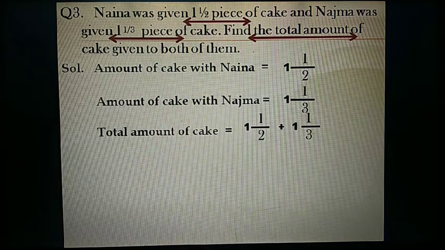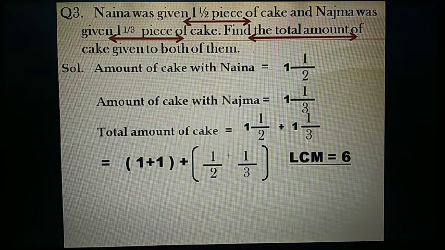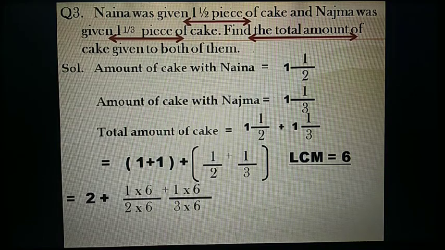Again, splitting the whole and the fraction part. Solving both the brackets one by one. But the second bracket has unlike fractions, so the LCM will be 6 here. 2 will be the answer of the first bracket. In the second bracket, we will multiply both the fractions by the LCM. Solve the bracket. First perform the cancellation.